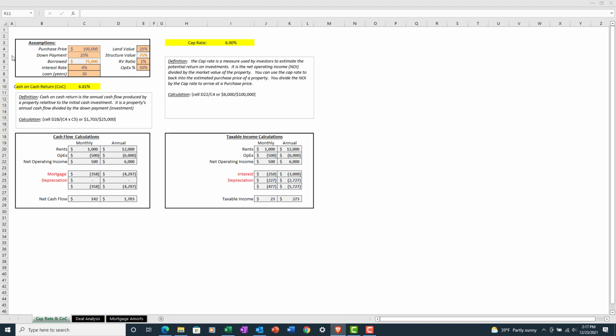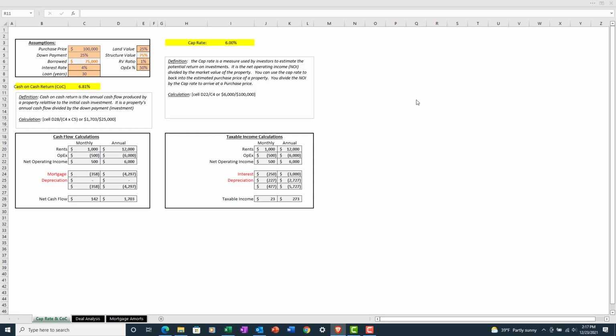I know sometimes I use them interchangeably, so don't put too much into the text color. Rather just know they're calculated amounts based on the inputs that are put into the orange cells. It's a very simple spreadsheet. Obviously real life scenarios are going to be more complex than this, but hopefully this will give you a decent understanding of how a property will perform.